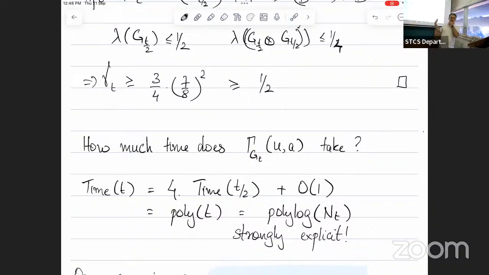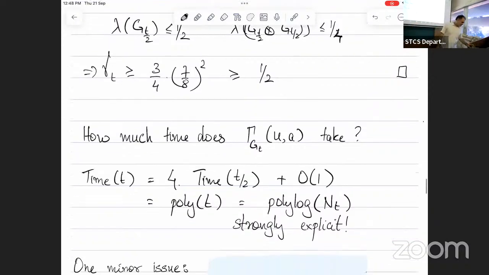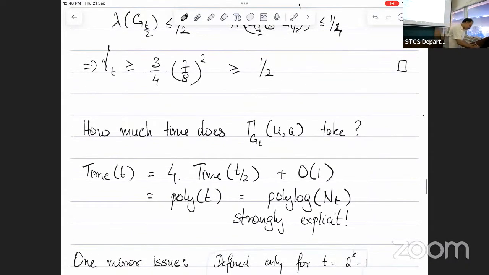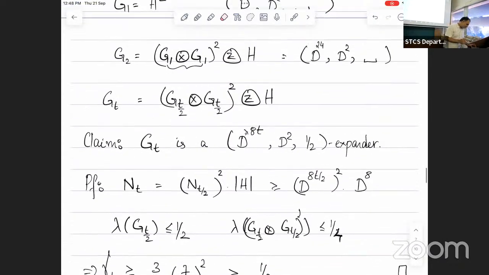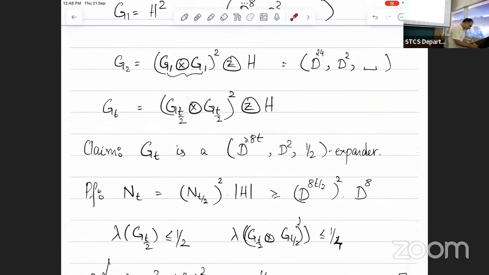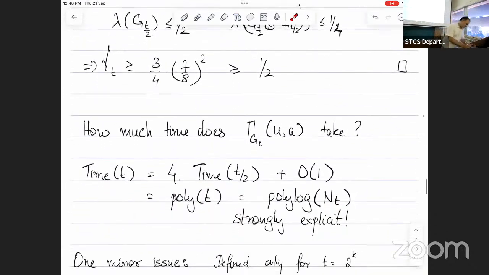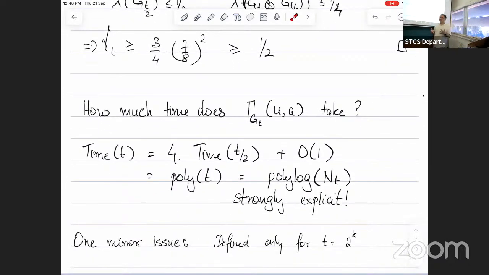Okay, is this okay? There's one annoying catch, which is that the way I have defined it above, from G1, I was able to define G2. From G2, you will be able to define G4. From G4, you will be able to define G8 and so on. Which means you don't really have GT for all possible choices of t.